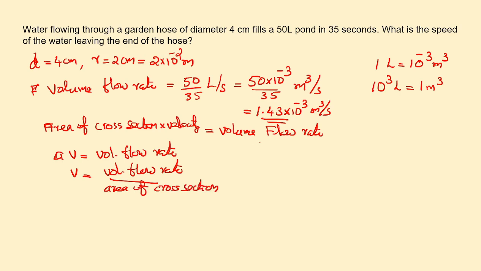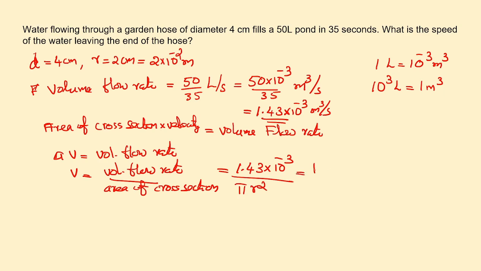Let us substitute. What is the volume flow rate? That is, we already calculated 1.43 into 10 raised to negative 3, whole divided by the area of cross section. The radius of the hose we know is 2 into 10 raised to negative 2 meter. So the area of cross section is pi r square.